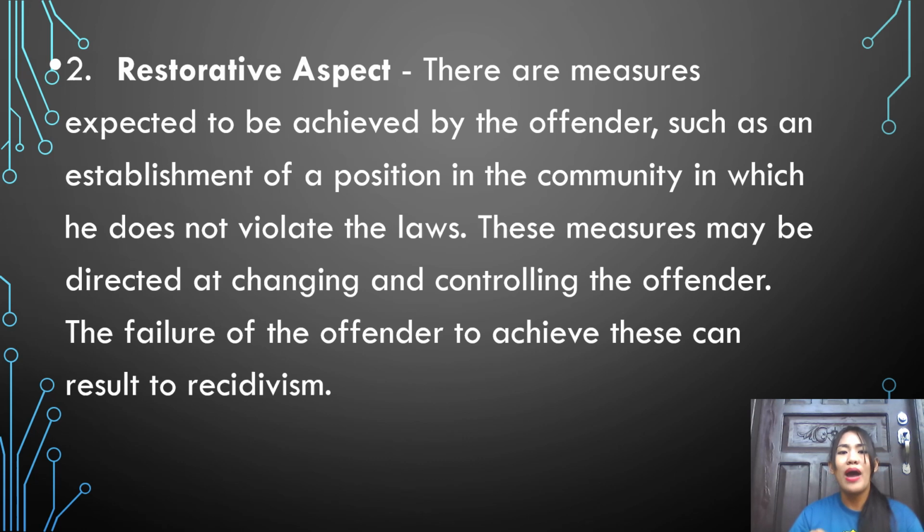Okay, wherein pwede siyang maka-establish ng bagong position sa ating community, wherein possibly hindi niya makukumit ang mga batas natin. So these measures may be directed at changing and controlling the offender. So the failure of the offender to achieve this can result in recidivism. Okay, paulit-ulit na nagkukumit ng crime kapag ka na-fail niyang na-achieve yung mga conditions na i-impose sa kanya.